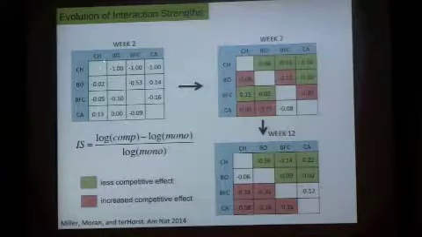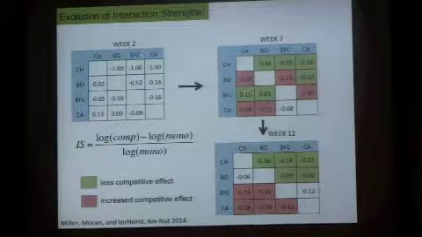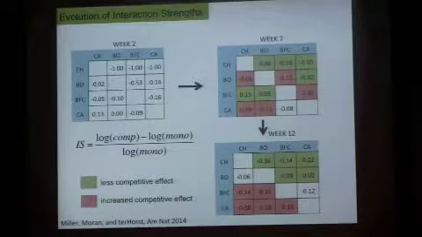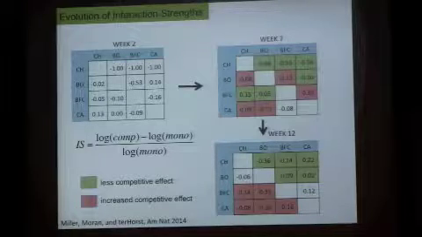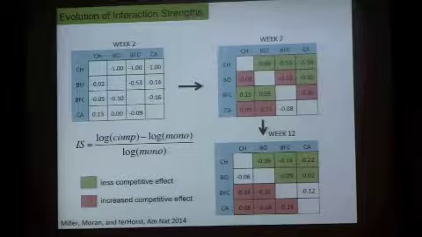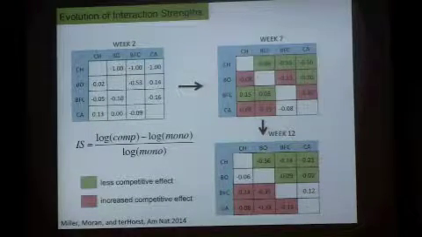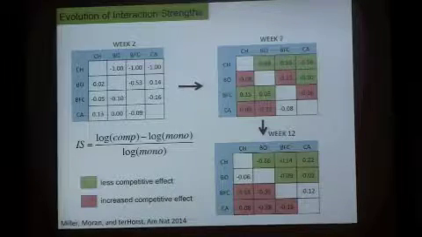So we started with, this is a chrysomonad, this is Bodo, this is one species of Colpoda, this is another species of Colpoda. And we take them from 2-week-old leaves, from 7-week-old leaves, and from 12-week-old leaves, and we just measure their interaction strengths in the lab when they're taken from all these different evolutionary histories.